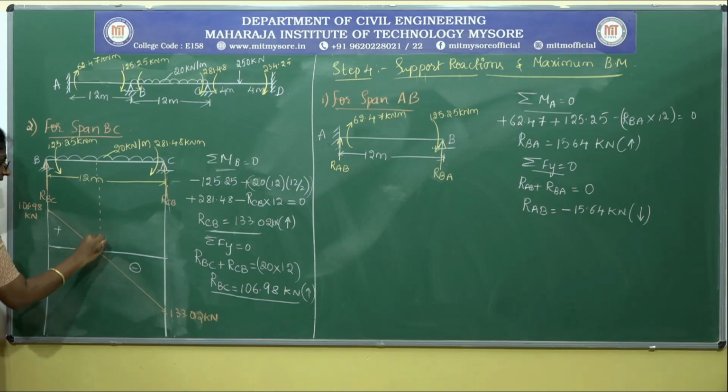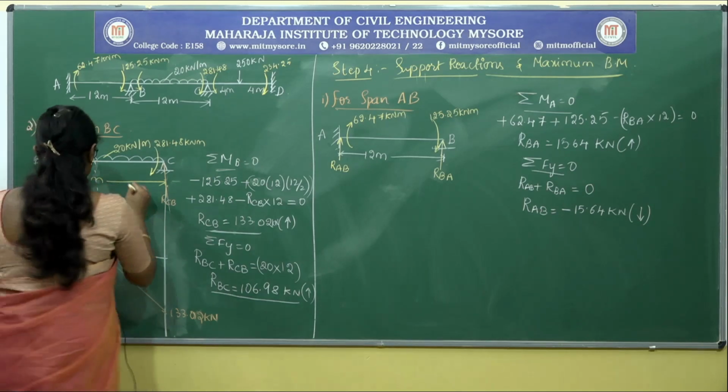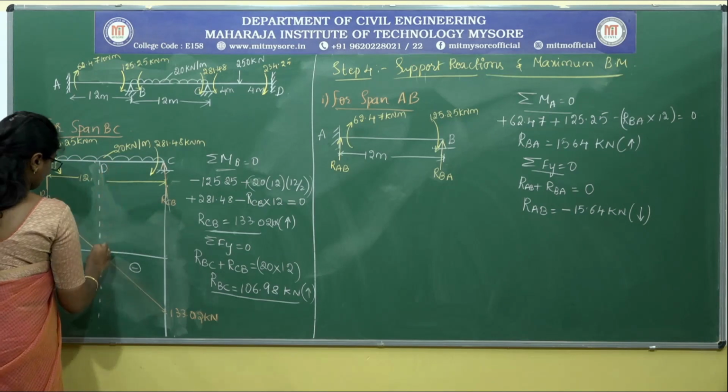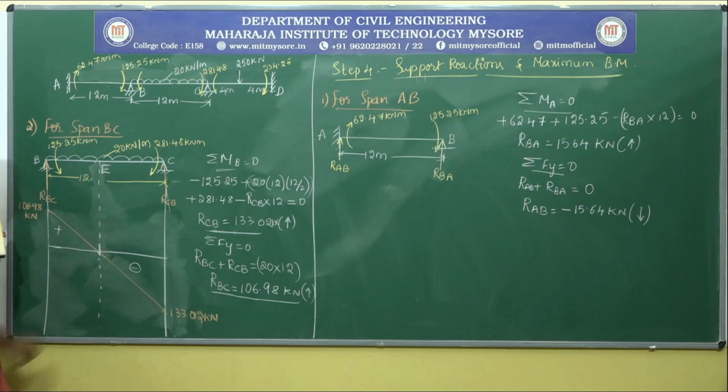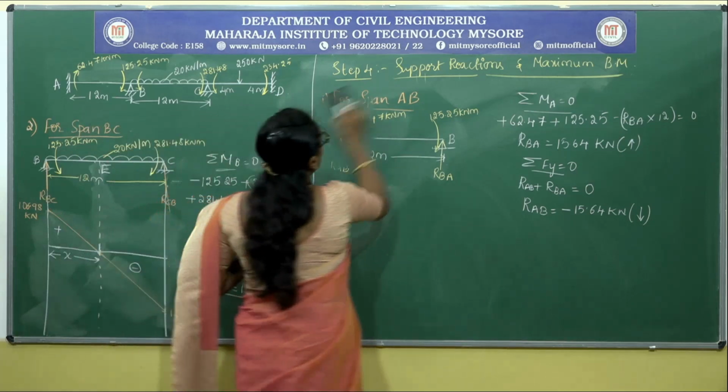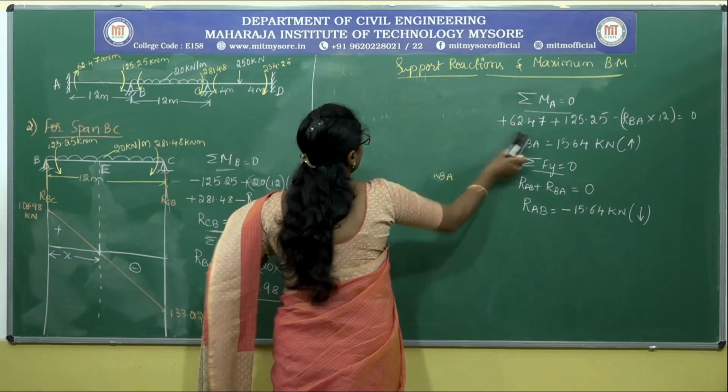I consider this as point E. So, at the point E, the bending moment is maximum. So, what is the distance? I consider this as x. To calculate that, we have to consider similar triangles.